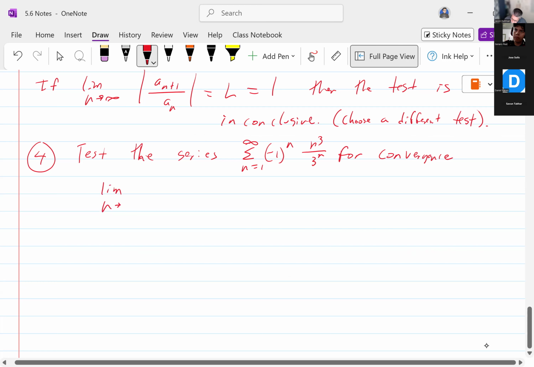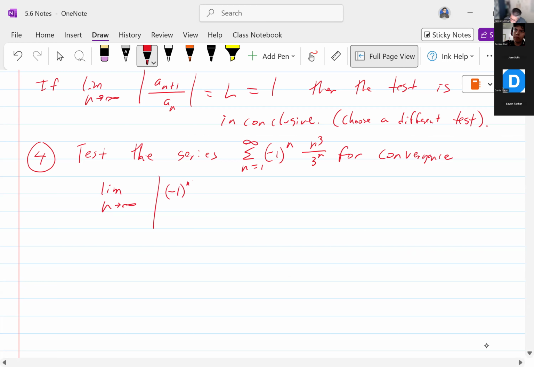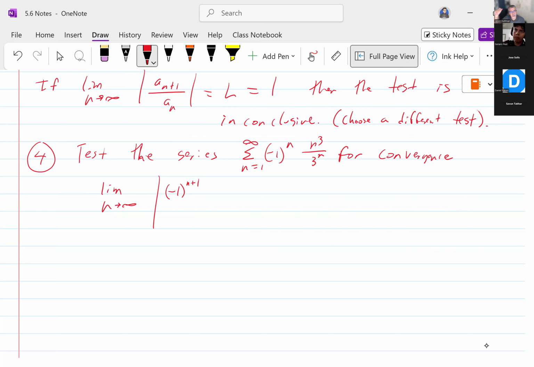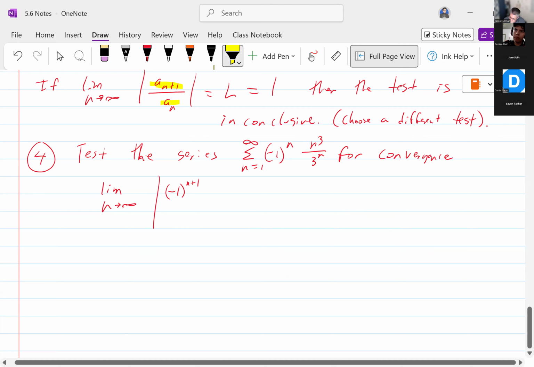The limit as n goes to infinity of negative 1 to the n plus 1. I'm going to take this series and do the (n plus 1)th term. So this is going to be a sub n plus 1 over a sub n. Wherever I see an n, I'm going to replace it with an n plus 1. This is going to become n plus 1 cubed over 3 to the n plus 1 power.